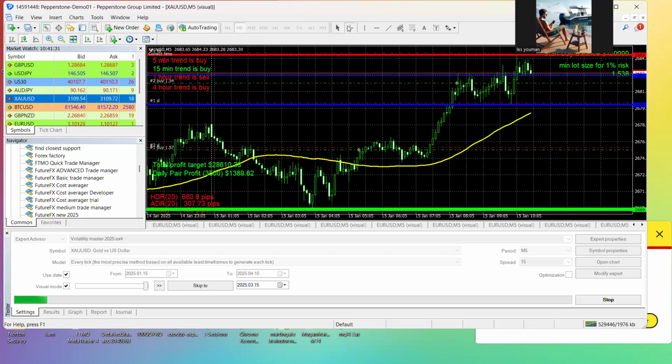Now, I just want to show you a couple of measurements. From the top of this one to the bottom of that one is 400 points. From the top of this one to here is 300 points.